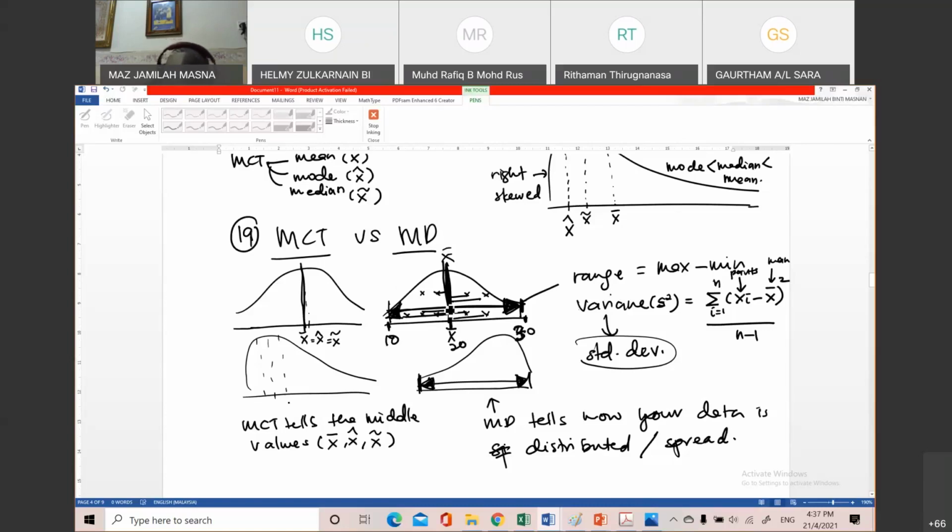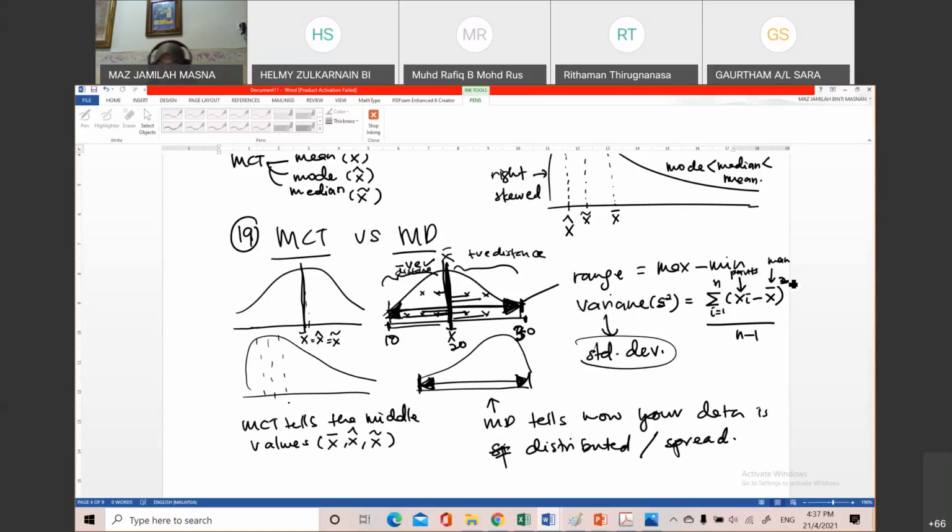These values are smaller than the average value, so we have a negative distance, and this one is a positive distance. Because we have negative distances, we square them to make sure all go back to positive values.